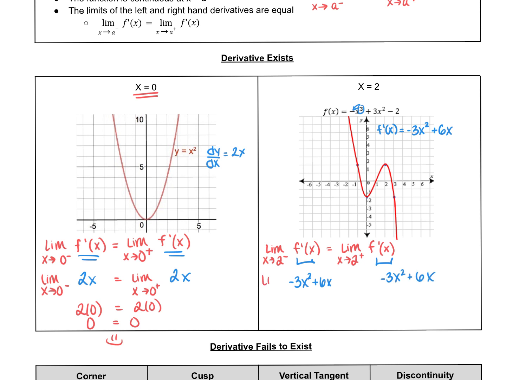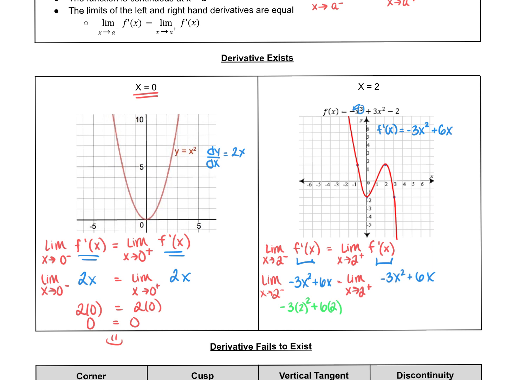We're going to take the limit as x approaches 2 from the left, and the limit as x approaches 2 from the right. As you can clearly see, if I do direct substitution and plug 2 in, it's obviously going to be the same answer. So negative 3 times 2 squared plus 6 times 2. 2 squared is 4. 4 times negative 3 is negative 12.